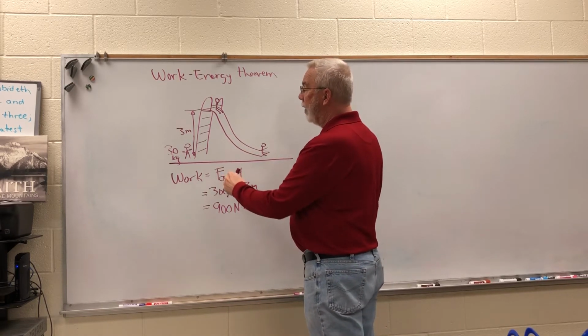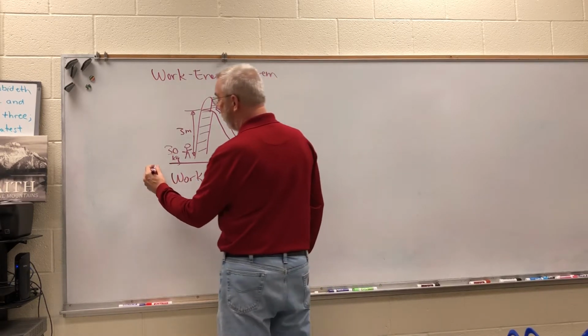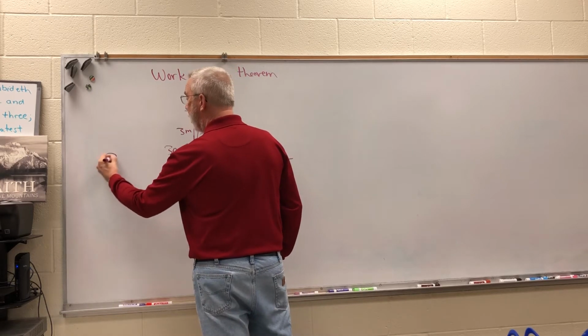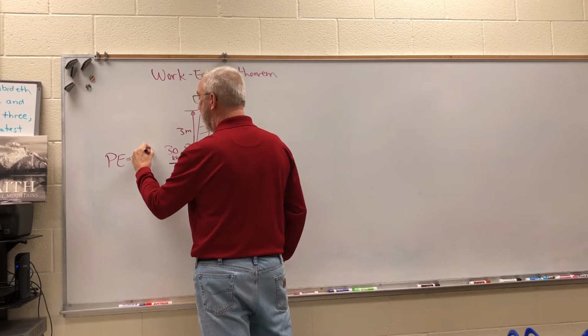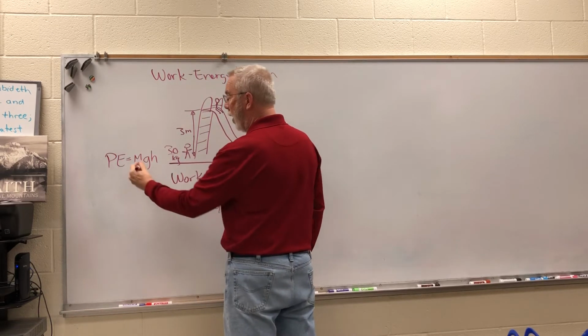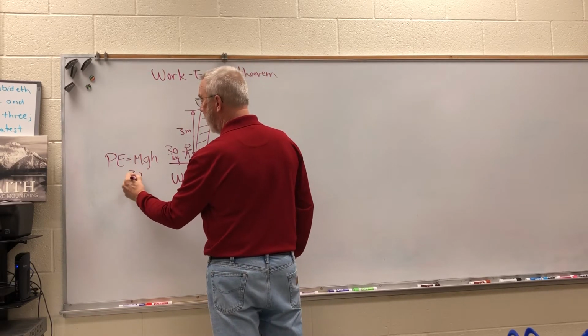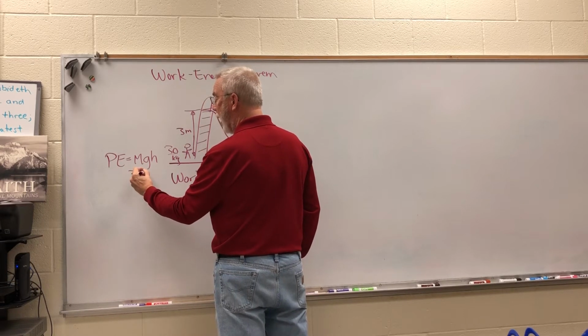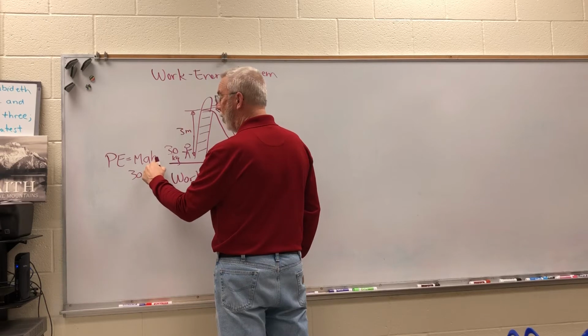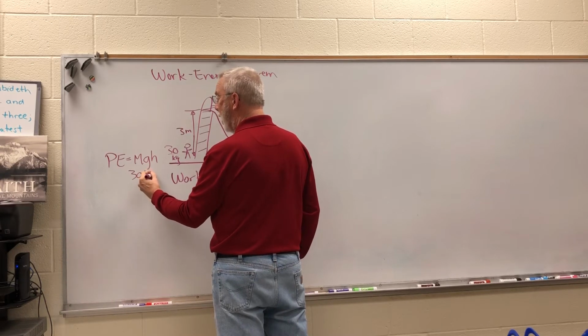Now, if we look at it from an energy standpoint, potential energy is equal to mgh, where m is the mass, which is 30, and g is the acceleration of gravity, which is 10, but the height here at the ground level is 0.